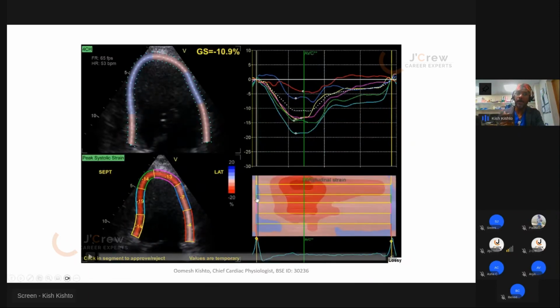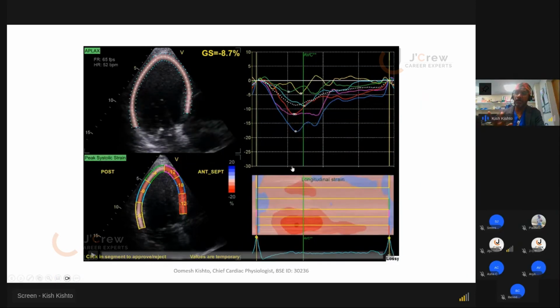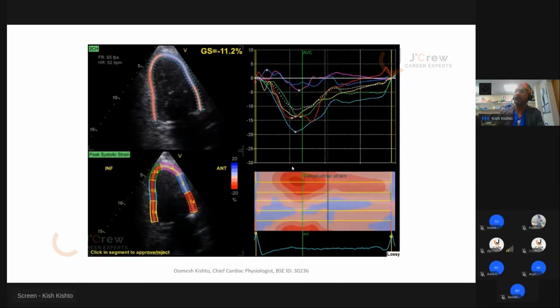In all my AS patients, I tend to do the GLS, okay? If you have a good LV definition and everything, it will give you a good indication of your LV function, because as we know, it is quite chunky because of the AS and increased mass.